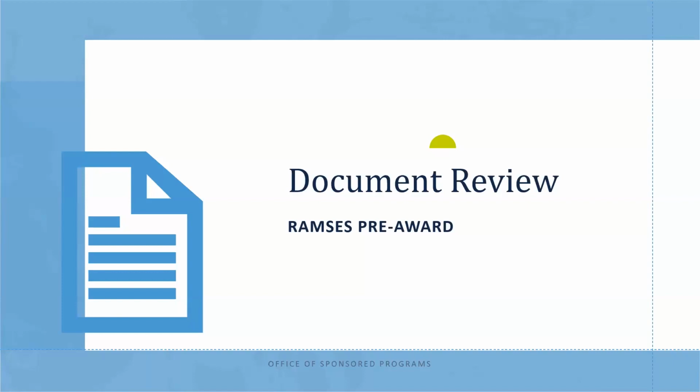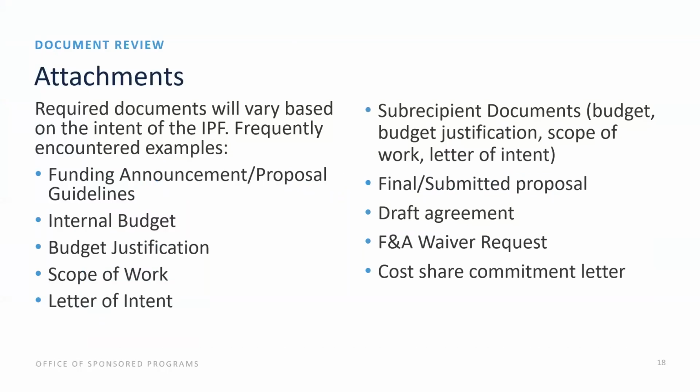So next. Okay, so we've got many different kinds of attachments that can be required. And I would note that it depends on the funding announcement and the proposal guidelines, because there could be nuances to each proposal submission requirement, where there's a document that's not even on this list that may be required of that announcement.